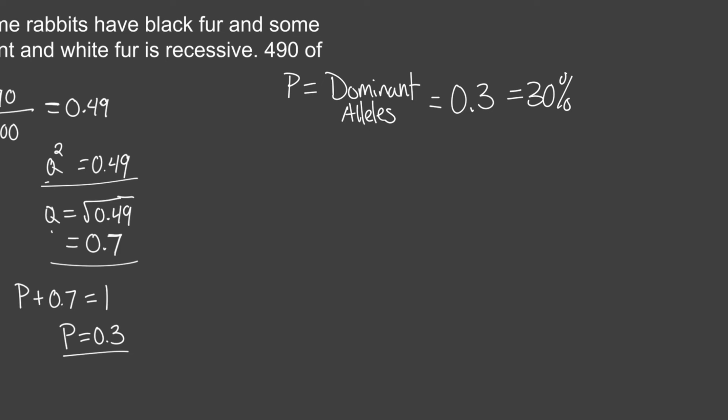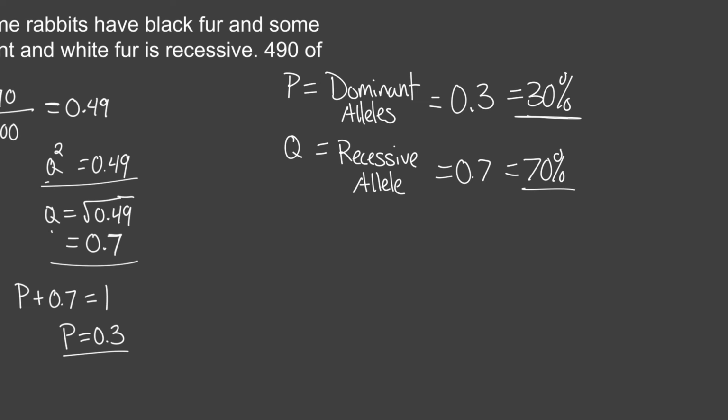So when the quiz asks for what percentage, we're going to put this percentage in as 30%. Our Q value, which is our recessive allele, equals 0.7, which is 70%. So 70% of the alleles in the total population are recessive alleles.